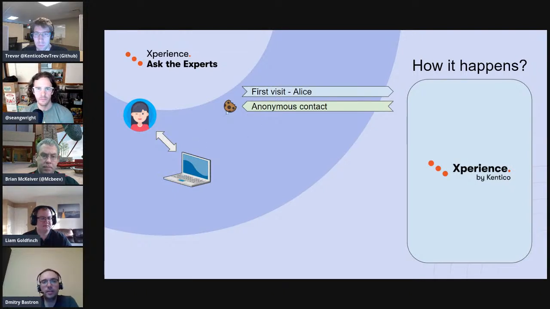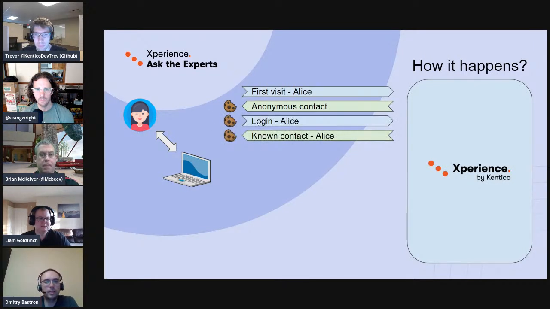Then there's a current contact cookie dropped onto the computer, and then imagine Alice logs in. If you have looked at the implementation of the login within one of the test websites, like Dancing Goat, for example, there's one method called during the login process.